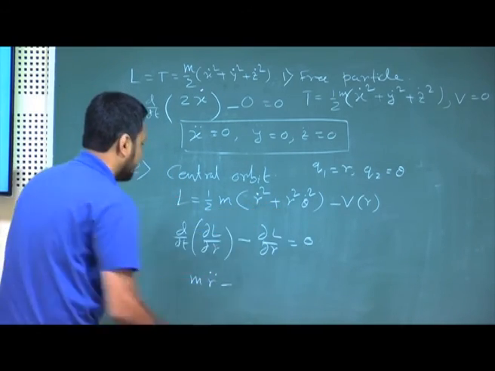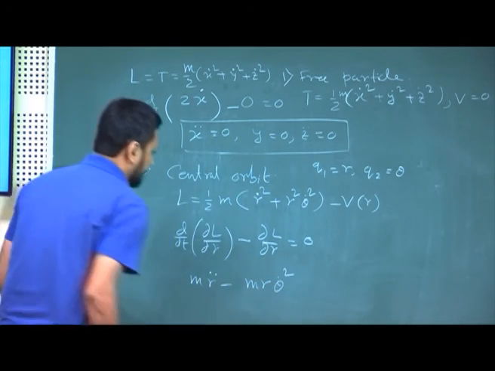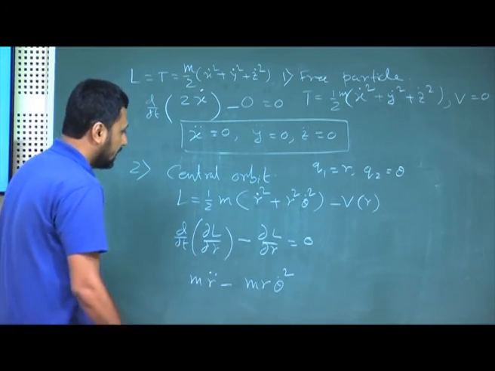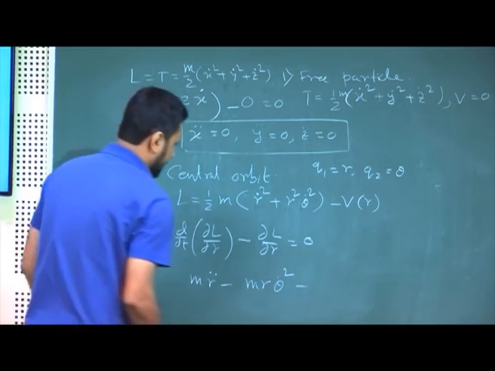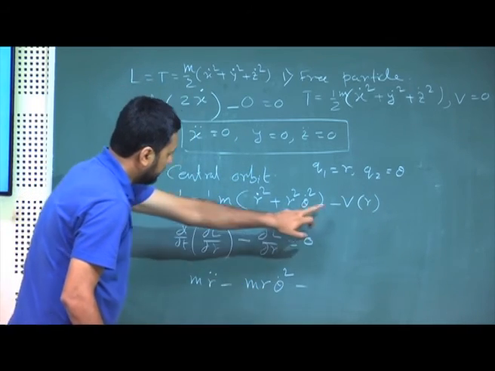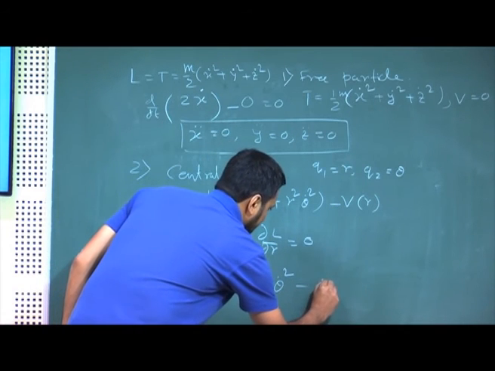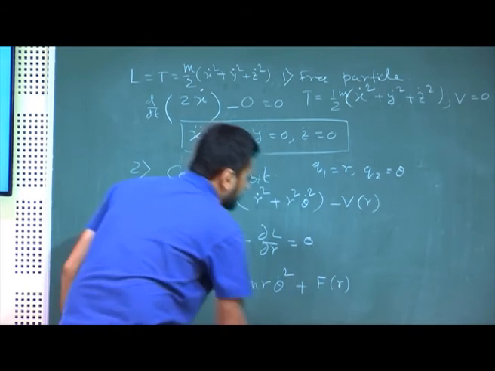The first term will give you m r theta dot square, it is a partial derivative, so theta dot term will be unchanged, minus dV/dr, which is nothing but your f of r.